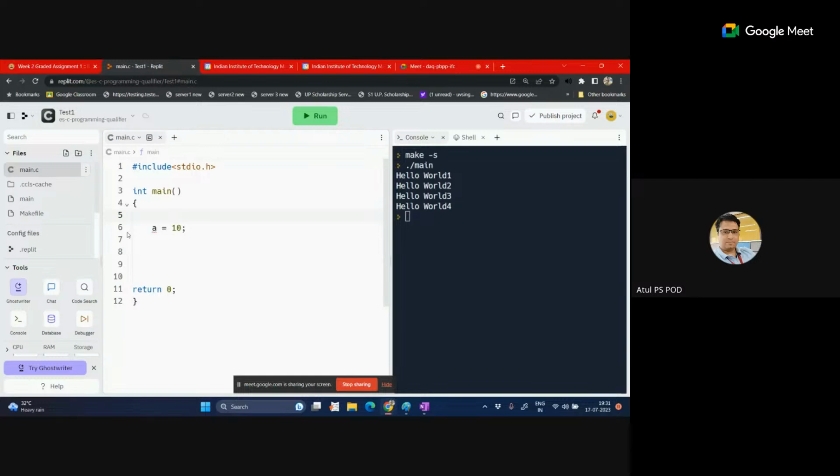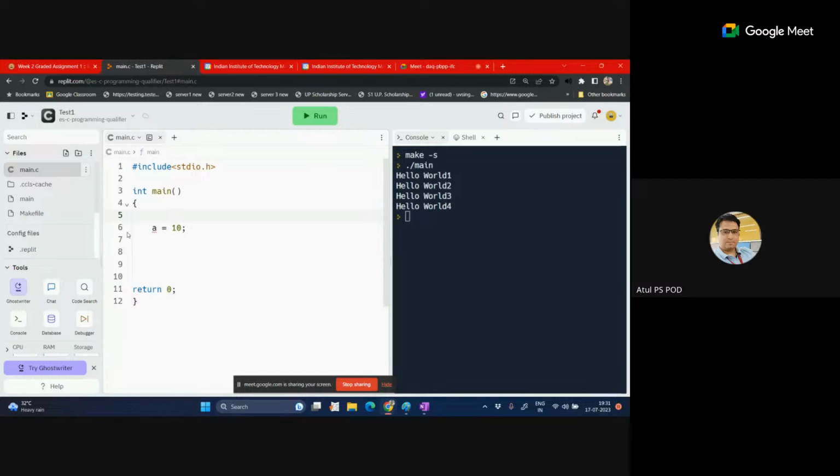Declare means you have to define the variable type, what type of value you want to store in that variable. Suppose you want to make one variable a, you have to define the type early.